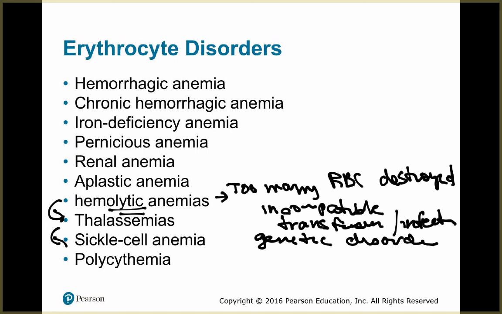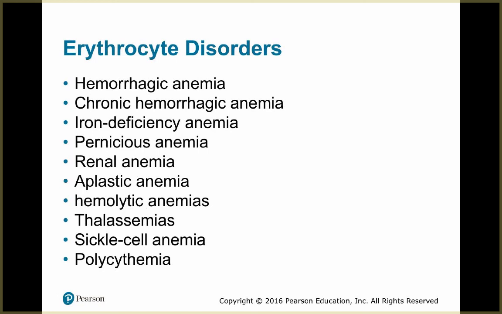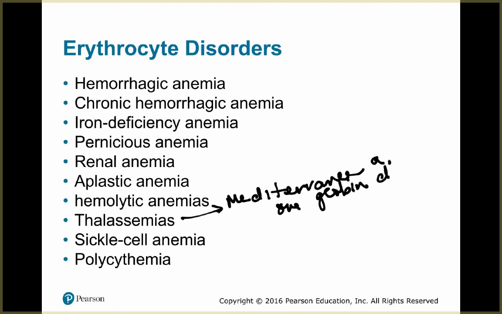So let's talk about these two really quick. Thalassemia is normally found in people with Mediterranean ancestry. Basically, if you remember, one of the globin chains is absent or not working.